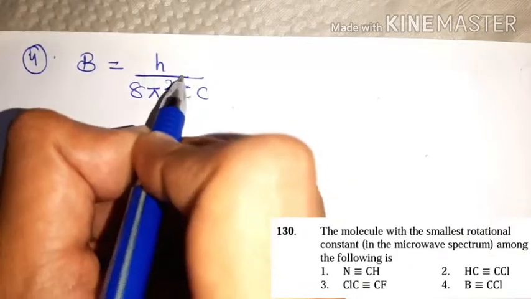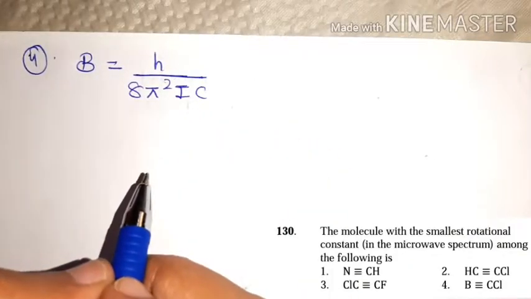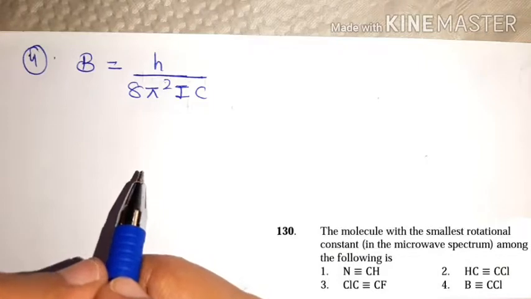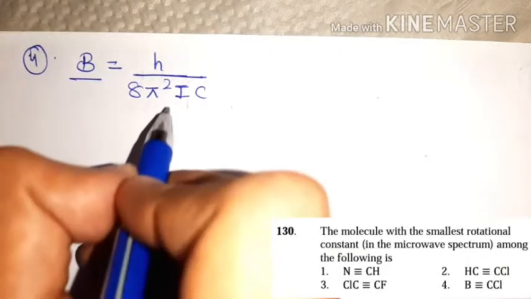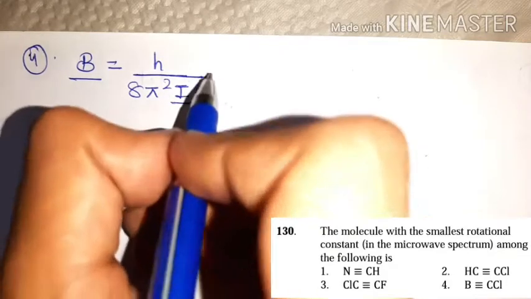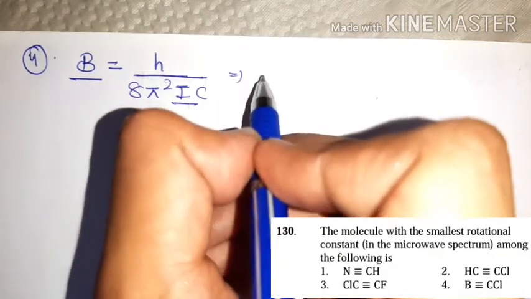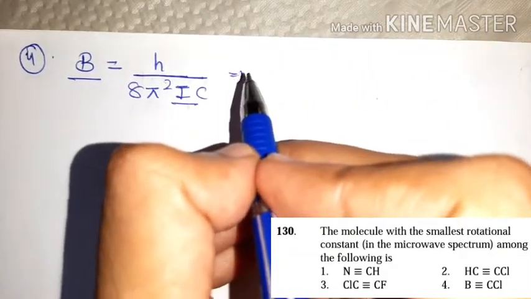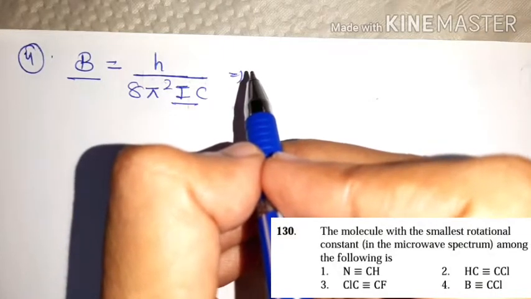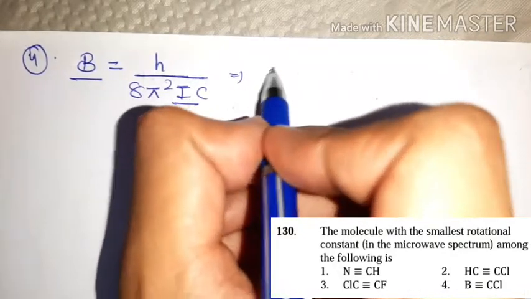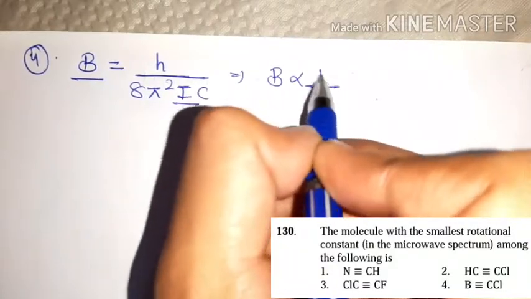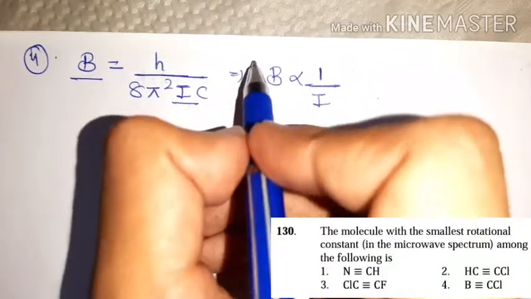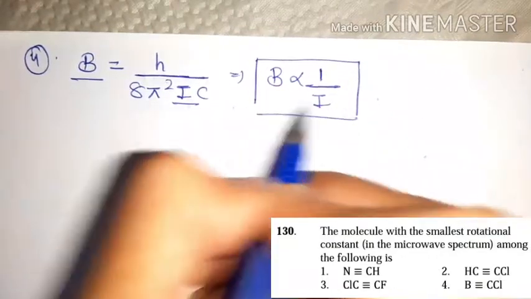This is the general formula for the rotational constant in microwave spectroscopy, where B is your rotational constant and I is the moment of inertia. So from this formula we conclude that the rotational constant is inversely proportional to the moment of inertia.